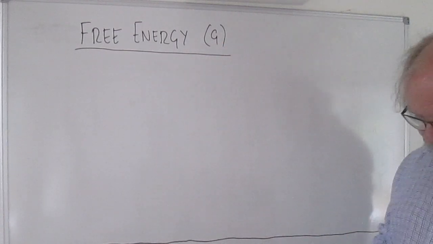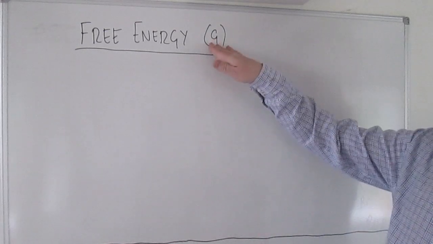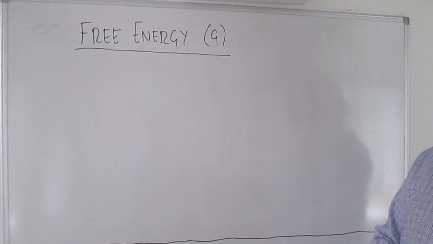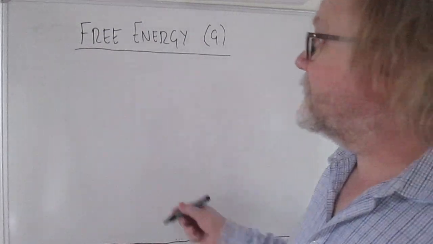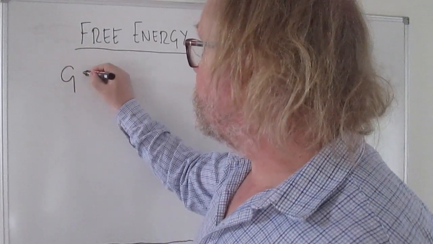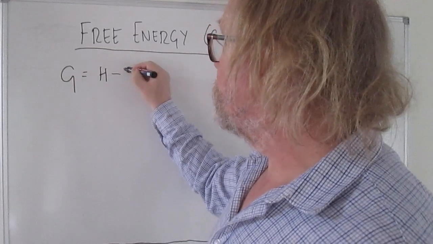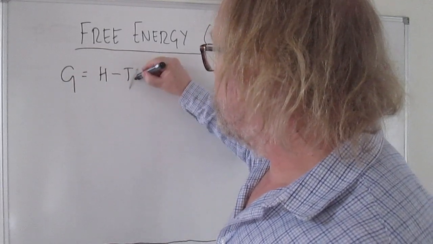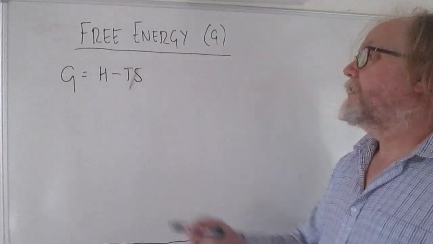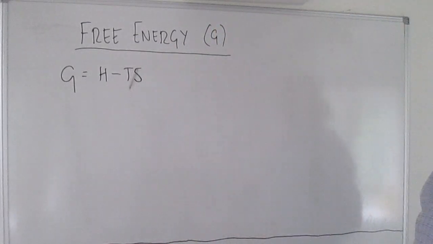So the free energy, which is G for short after Gibbs, who was the person who devised this term, is defined as G is equal to H minus TS, where H is the enthalpy and S is the entropy.